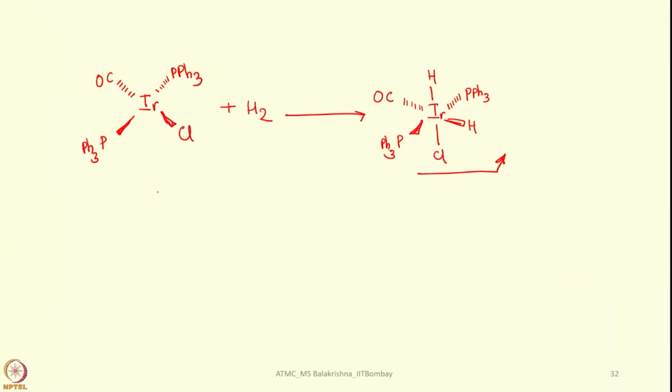Another important method is sigma bond metathesis. Let me take one example here. An NMO bidentate ligand, and having this group here.